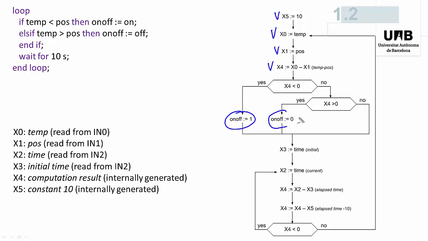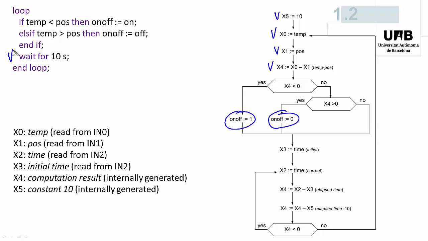Then the on-off output must be equal to off or to 0. Finally, in the third case, when the measured temperature and the position of the selector are equal, then the value of the output port on-off doesn't change.